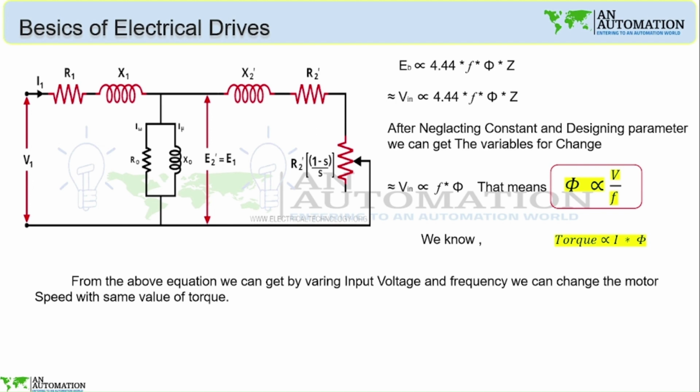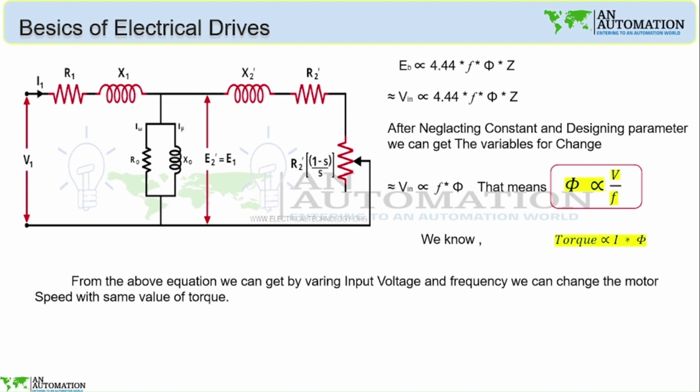Phi and f are the variable or changeable values in the running condition, because Z cannot be changed in the running condition. Z is a term we use in the design perspective. So after neglecting Z and 4.44, we get V is proportional to f and phi, which can rotate the motor.